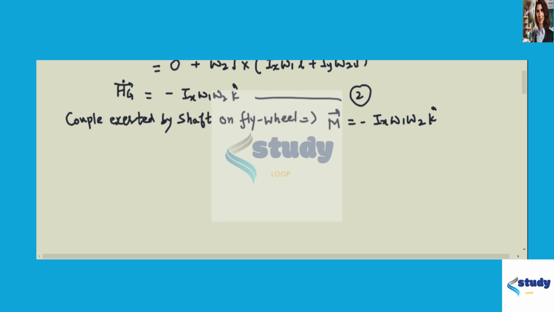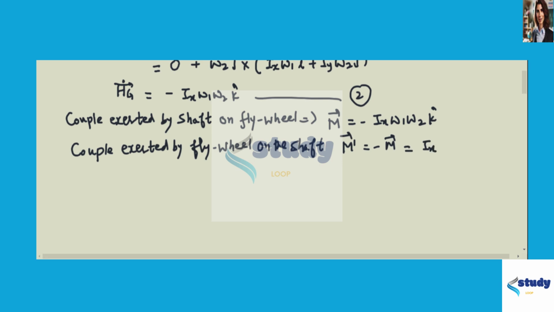So the couple exerted by the flywheel on the shaft will be equal and opposite. M dash will be equal to negative of M, that is Ix omega 1 omega 2 k cap.